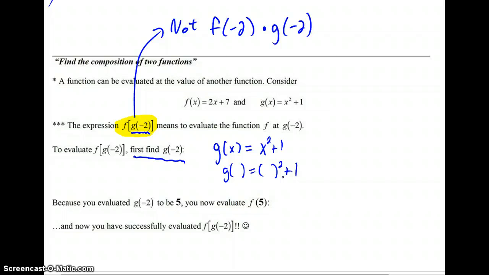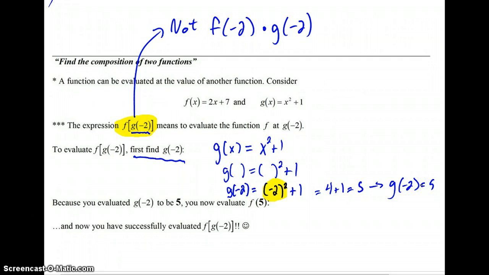And that can really help us because it means when we're finding g of negative 2, we need to replace x everywhere with negative 2. Wherever there's a blank, put in a negative 2. And of course, the order of operations say we must do powers first. Negative 2 squared is actually negative 2 times negative 2, which is 4. And 4 plus 1 is 5. So g of negative 2 is really a 5.